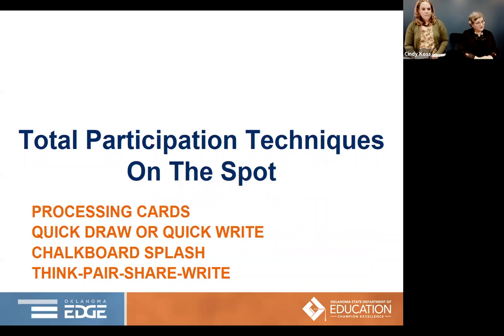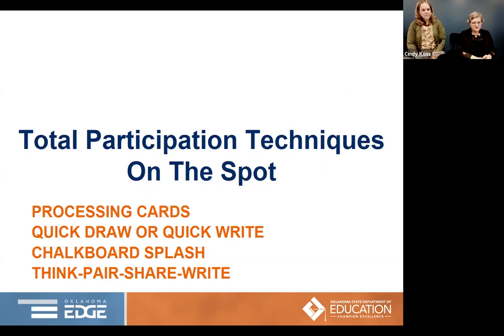So the next category is on the spot. There are some things we can do when you have a lesson and you feel like, well, perhaps the students aren't engaged, but we want them to be engaged with a concept or what's happening. Then we can use processing cards, quick draw or quick write. I'm sure many people do that.